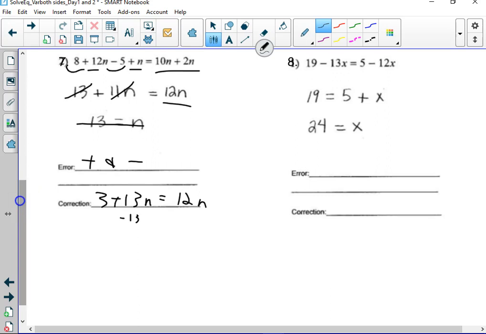So I'm going to subtract 13N from both sides. That's going to give me 3 equals negative 1N. And I'm putting that negative 1 there to remind myself that I need to get rid of it by division. N equals negative 3.